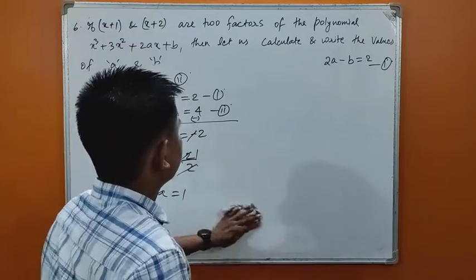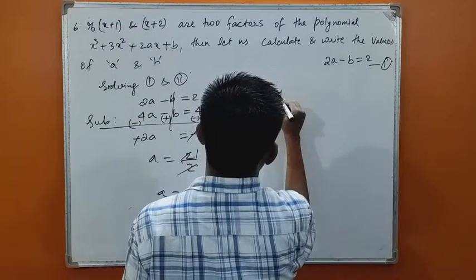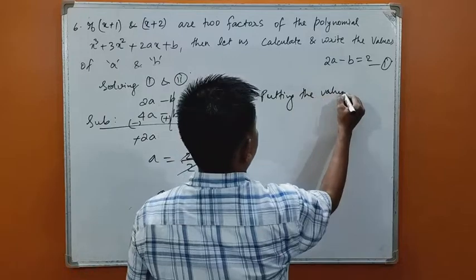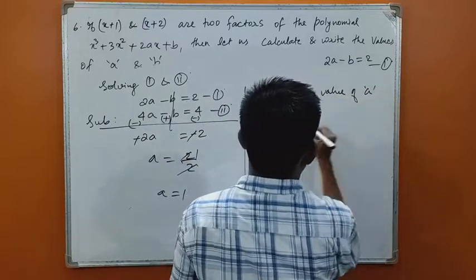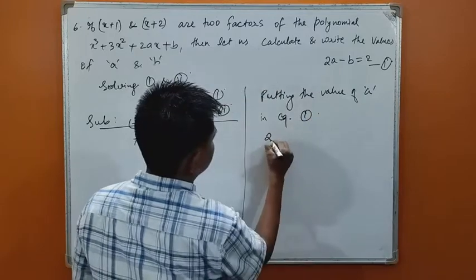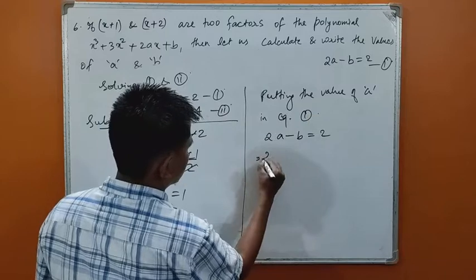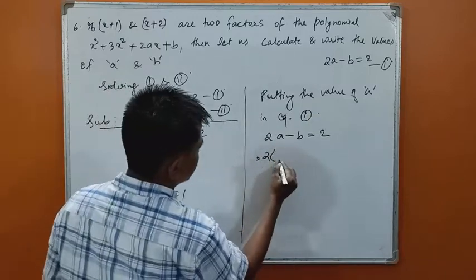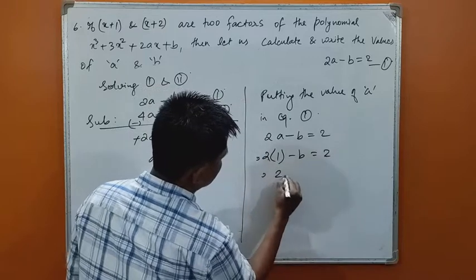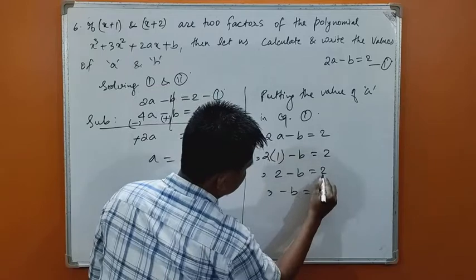If we know the value of a, we can find the value of b also, putting the value of a in equation 1. Equation 1 we have 2a minus b equal to 2, or 2a means 2 into 1, isn't it? a means 1, minus b equal to 2, or 2 1s are 2, minus b equal to 2, or minus b equal to 2.